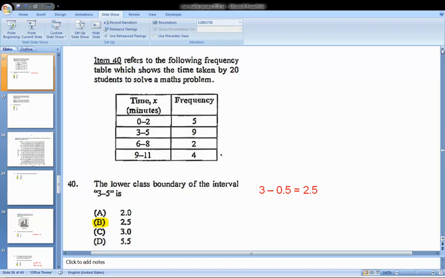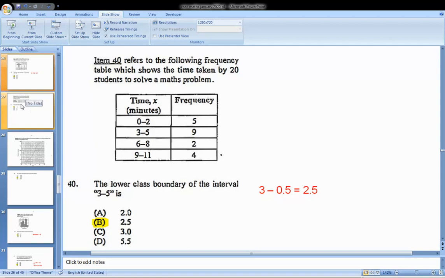It says the lower class boundary of the interval 3 to 5 is, now we know, for 3 to 5, what we simply do is find the lower limit and subtract 0.5 from that. Our lower limit is 3, and we subtract 0.5 from that and we get 2.5. So B would be our answer.